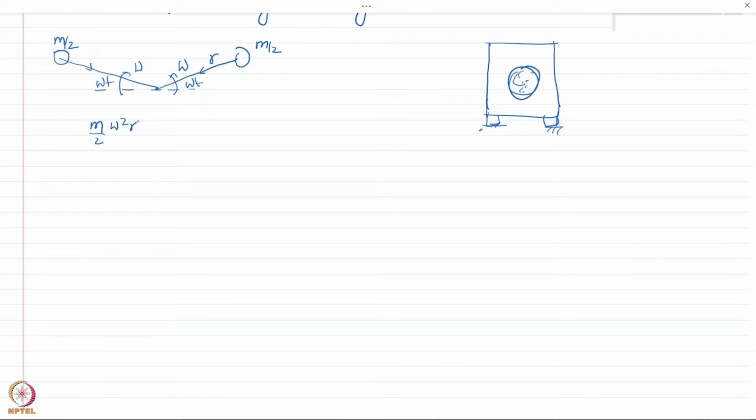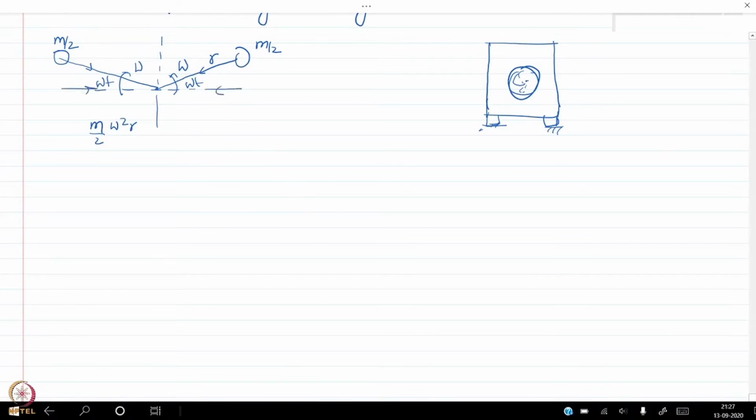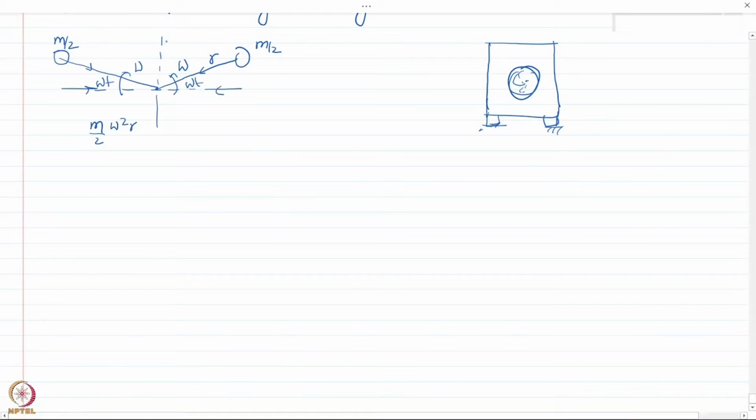Now, if you look at the system here, the horizontal components of these centripetal forces are going to cancel off. However, the vertical components are going to add up. If you take the vertical component, it would be sine omega t, and of course for the second mass the same expression would be there.